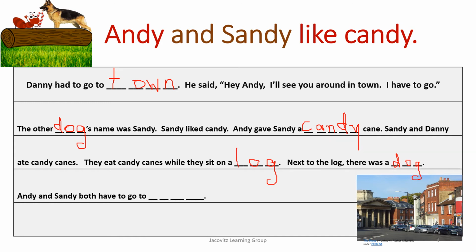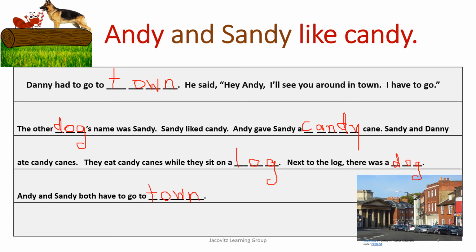Andy and Candy both have to go to where? Where's this place? Town. So you get more practice spelling it. T-O-W-N. Great job. Let's move on. But before we do, let's read it. Danny had to go to town.